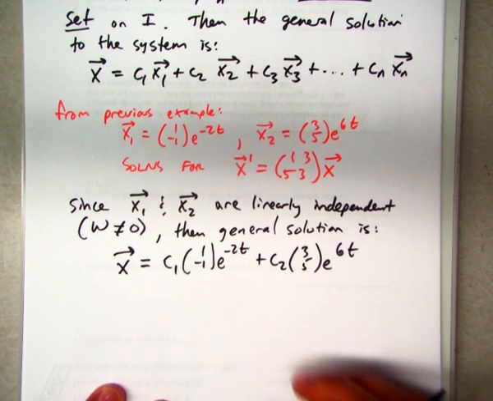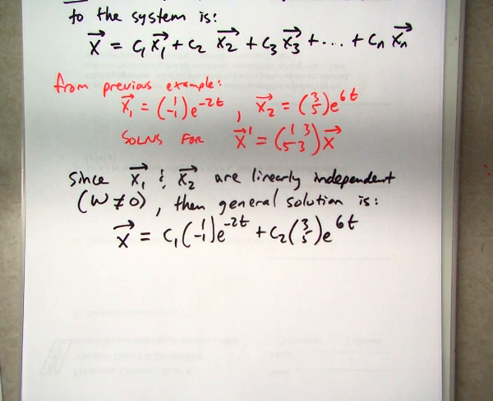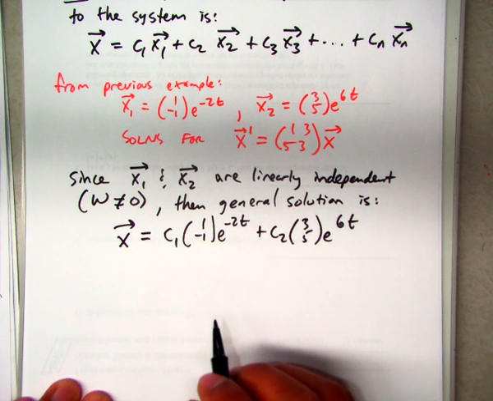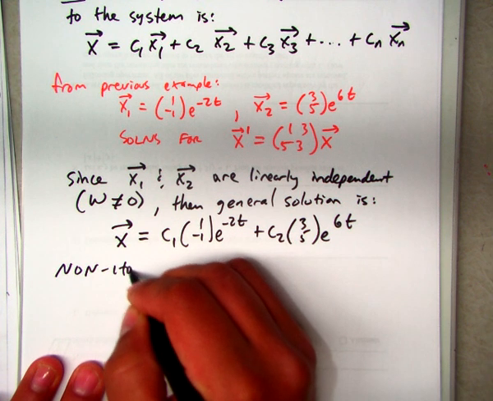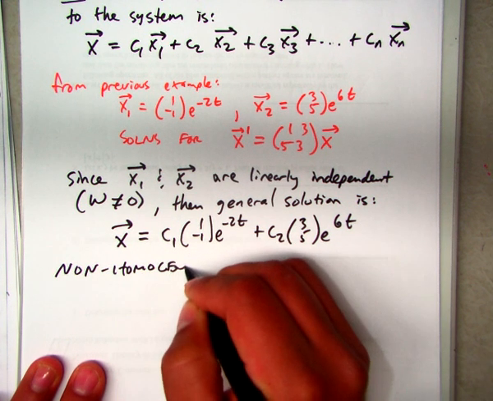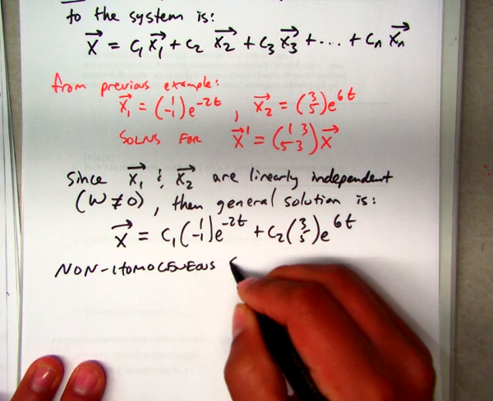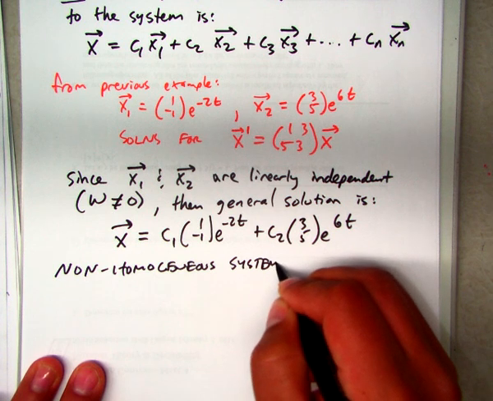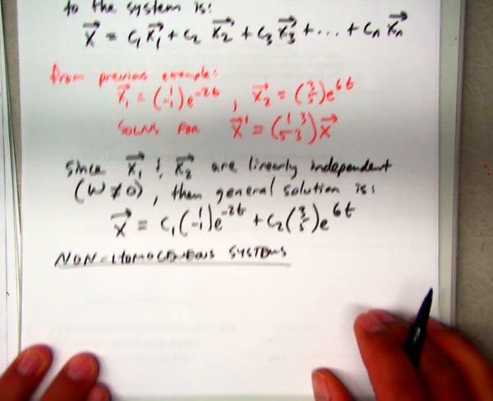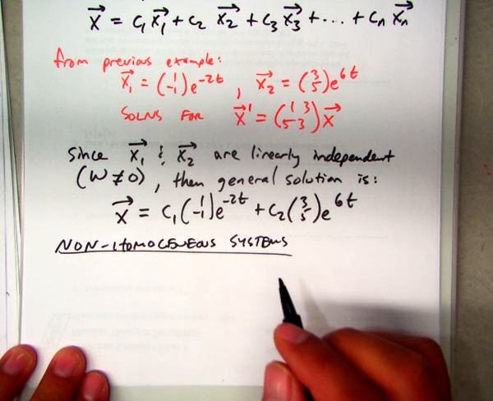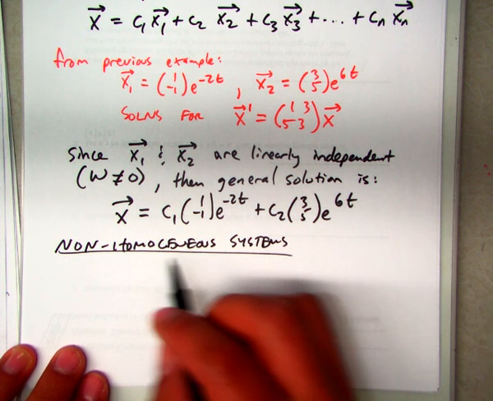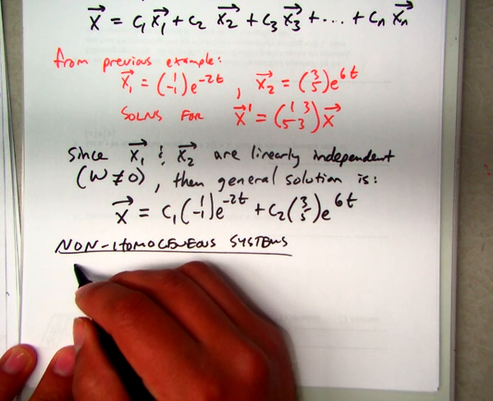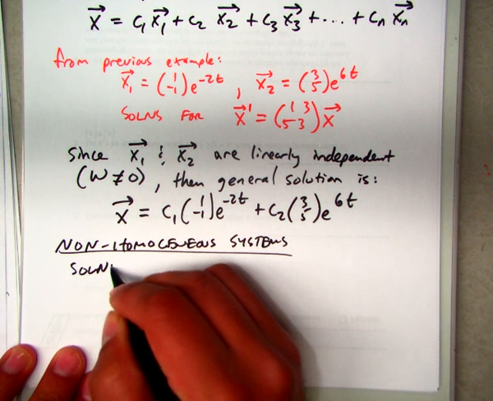And the last bit of linking back to the theory that we've done before is the non-homogeneous aspect. So the solution is going to look something like this.